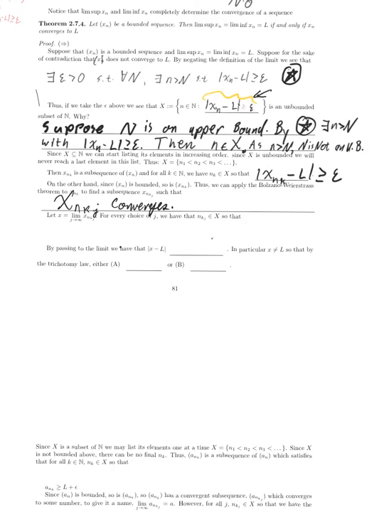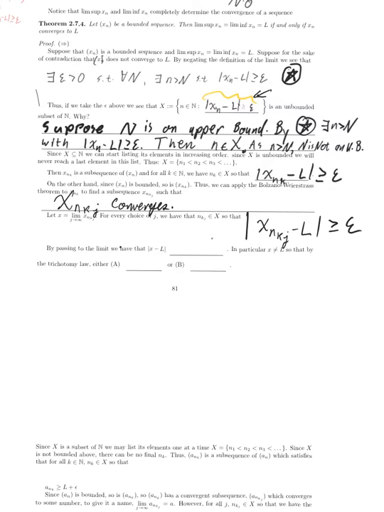Well, let's see what I have. For every choice of j, n sub k sub j is in X, because n sub k is in X for every choice of k. What does that mean? That means that the absolute value of x sub n sub k sub j minus L is bigger than or equal to epsilon. Oh, but now I can use limit laws.